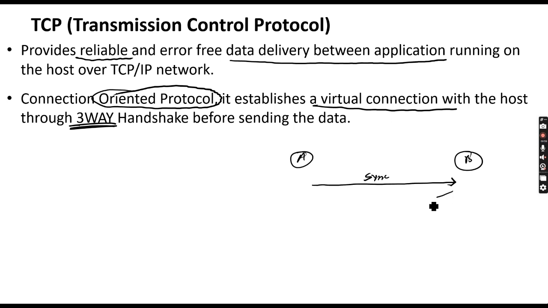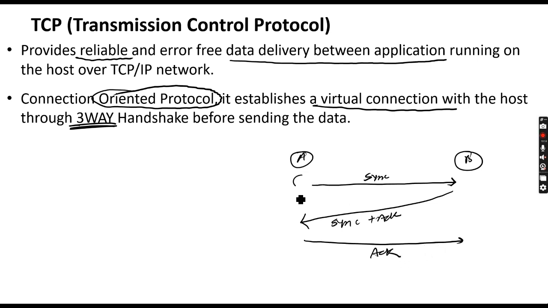If you agree, you reply with SYN plus acknowledgement: okay, I do want to open that. Then A says acknowledgement: yes, I am ready to open. This is called the three-way handshake: SYN, SYN plus ACK, and then ACK. The TCP connection has been established. Once it is established, the data will be forwarded.